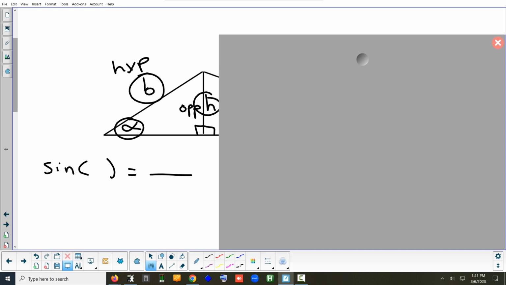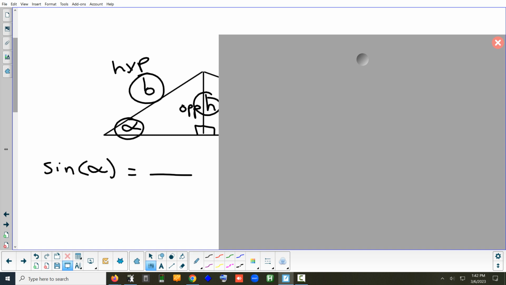Which one of the three things goes right here? Well, it's one of the three things that's circled. Can you just describe where it is? The angle. Does anybody remember what angle that is? Well, we don't know the number, but I'm just looking for the name. Yeah, that's alpha.